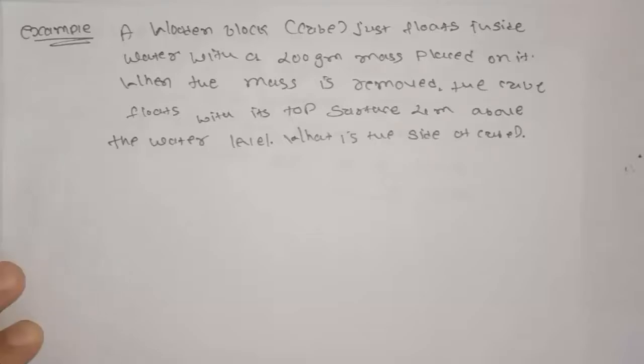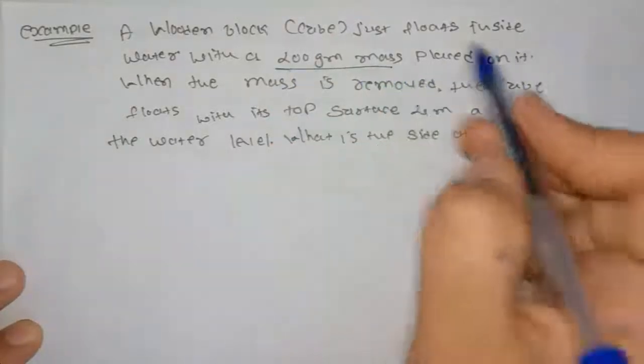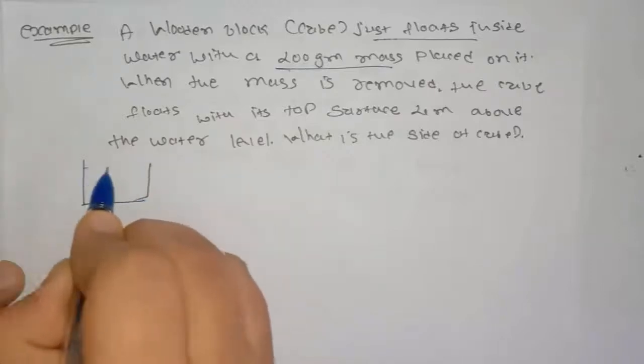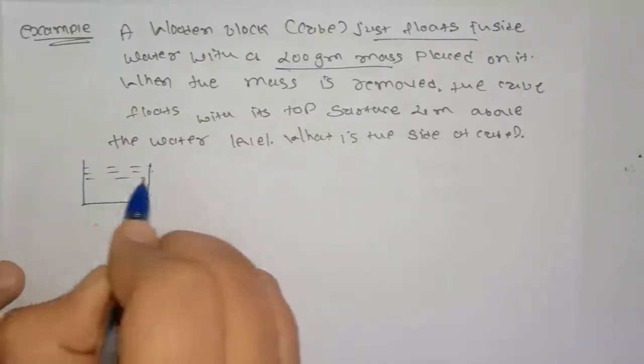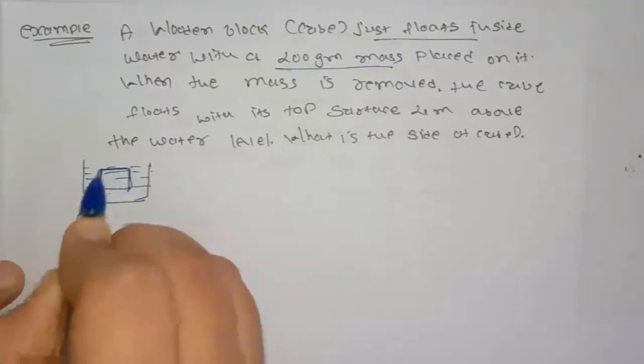Now let us see some examples based on Archimedes principle. A wooden block just floats inside water with a 200 gram mass placed on it. It just floats, that means it was in the condition of being submerged when we have put a mass of 200 gram.